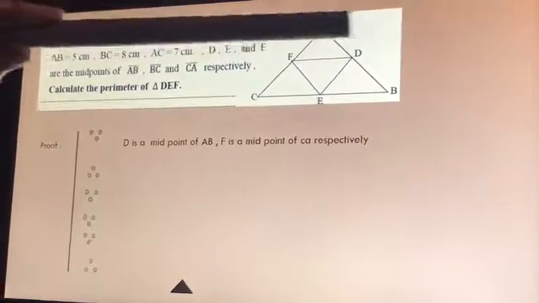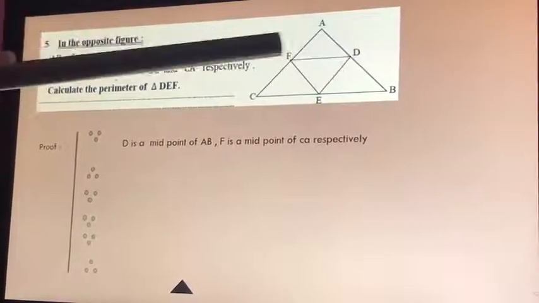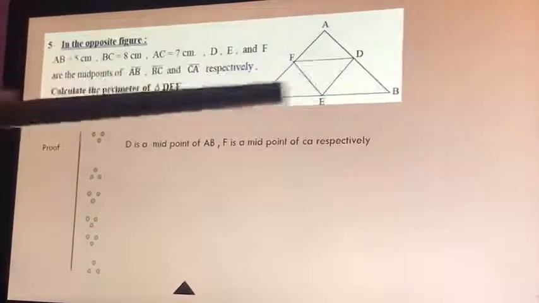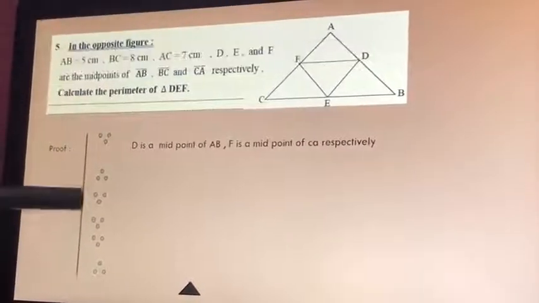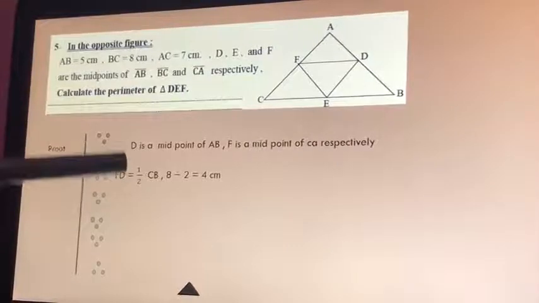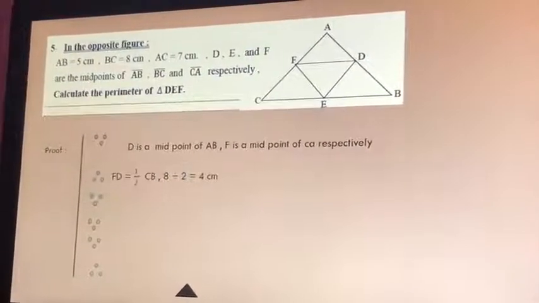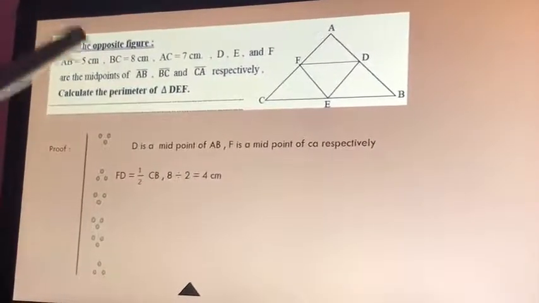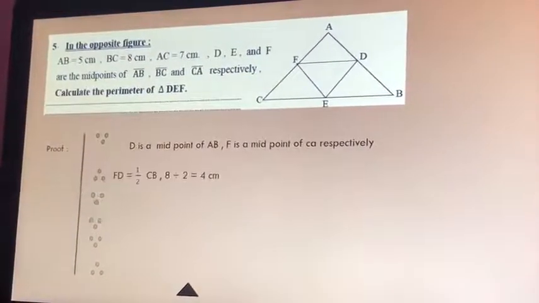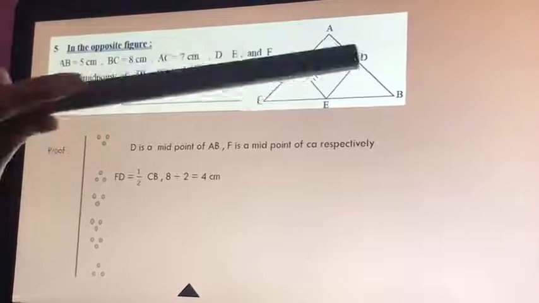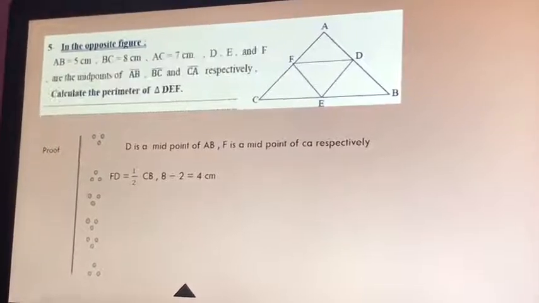This line segment is gonna be parallel to the third side and equal half the third side. So FD is gonna equal half CB. And from the given, CB equals 8, so 8 divided by 2 equals 4. So FD is gonna equal 4 centimeter.